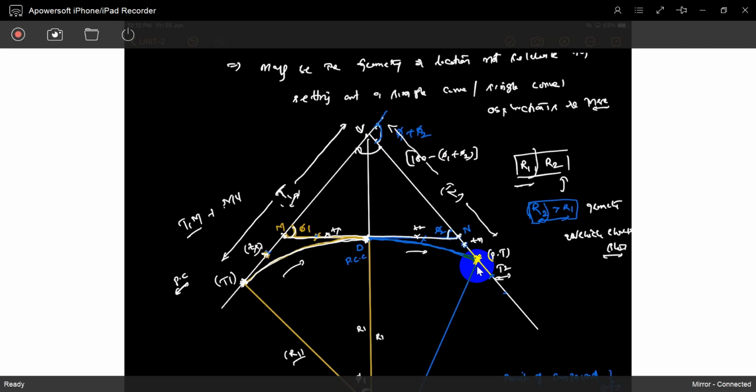That's why there is a transition between straight line and curve. Some other curves, based on cubic parabolic, or spiral curves, are used. Those are all important, but in our syllabus only horizontal curves are there. Those two are discussed in transportation engineering, highway engineering.